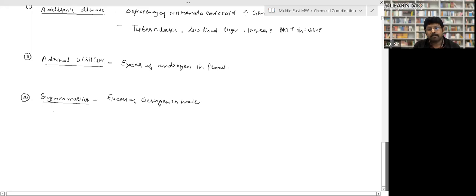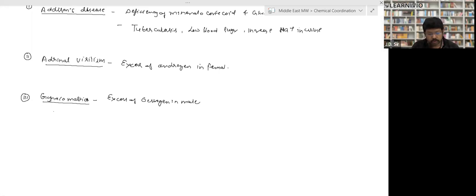Due to excess of estrogen in male, enlargement of mammary gland takes place.